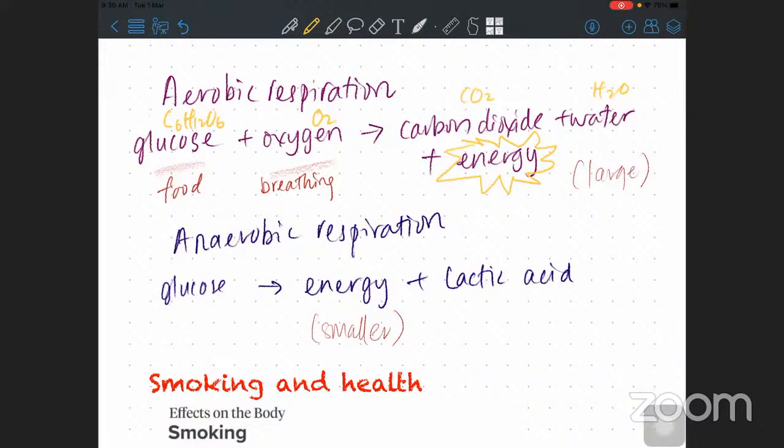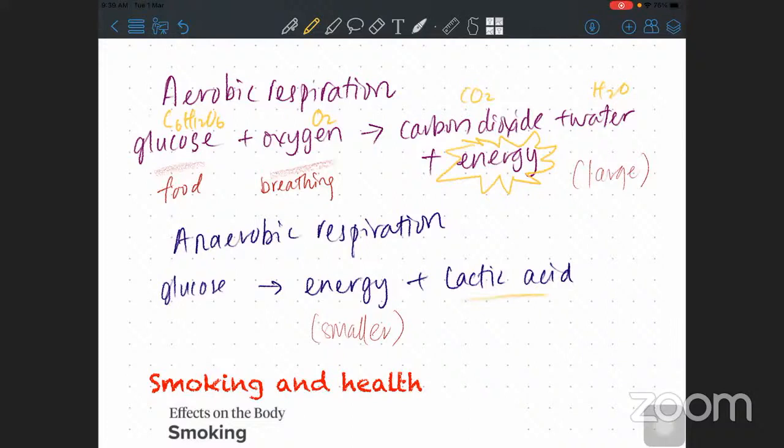However, you still need the energy, so you just use the glucose, and through the process of anaerobic respiration, you will get a small amount of energy.